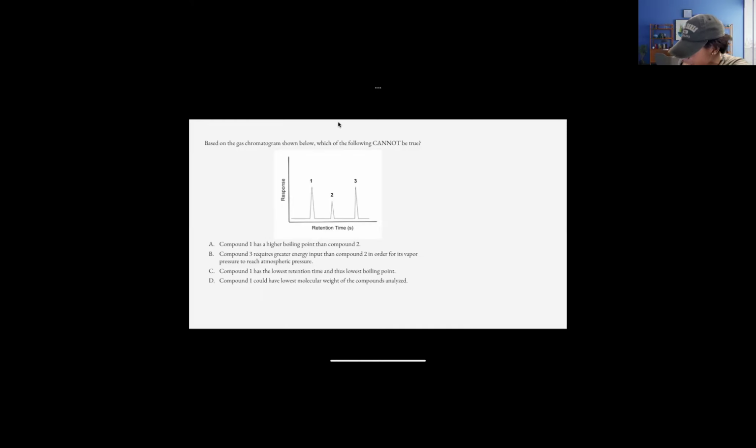The majority of the answers I got were A, and that's absolutely correct. So gas chromatography, very similar to another one of the experiments we talked about, is going to separate based on boiling points. What was the other thing we talked about that separates based on boiling points?